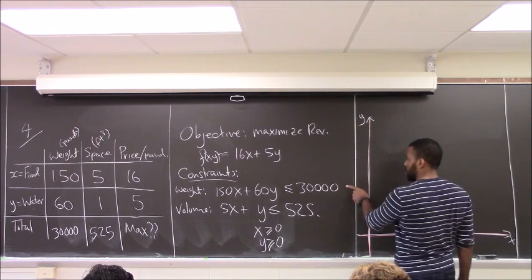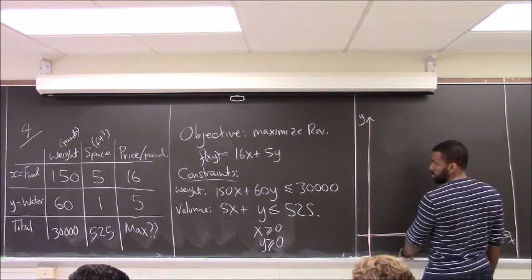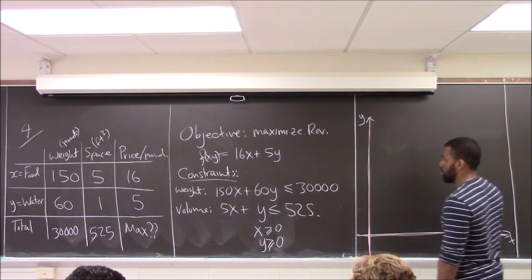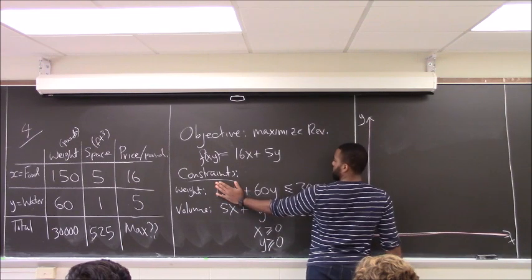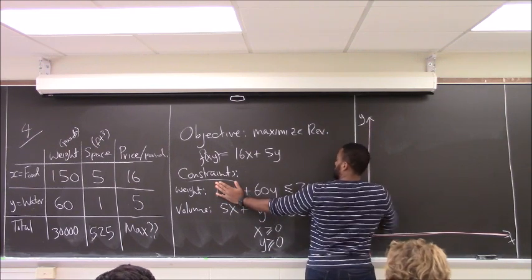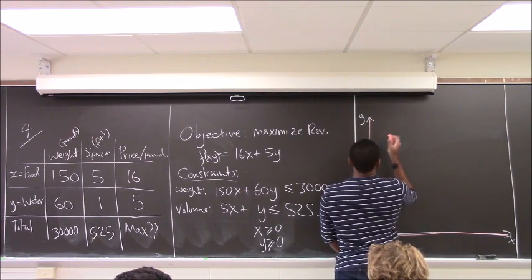What does this guy look like? Okay, so you're going to plug in x equals 0, and y is going to be 30,000 divided by 60, which is 500.